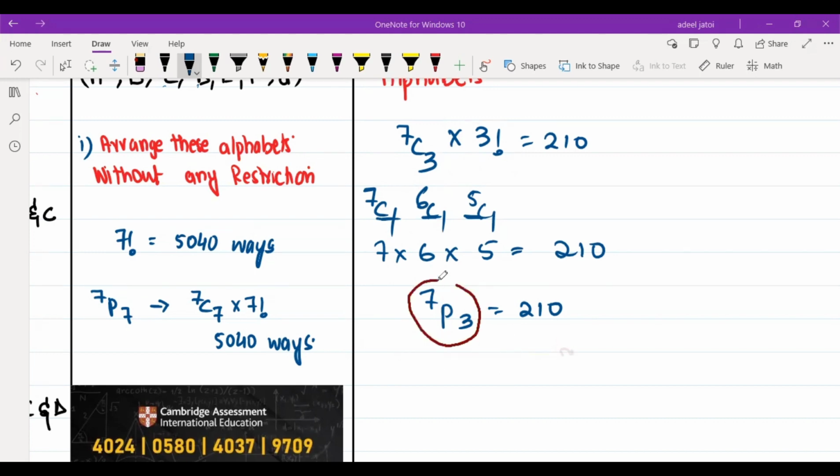Why do I not use this P method again and again? I have been telling you that the P method represents the entire question. Sometimes it is not necessary that the examiner would want you to arrange. So if the examiner does not want you to arrange, we will not be applying P. If the examiner does not want you to select, then again we will not be applying P. Then we will be applying only what?